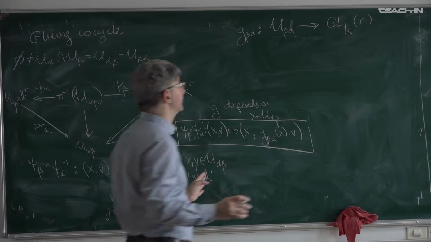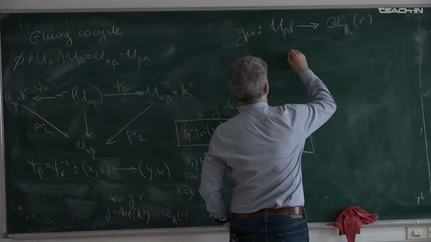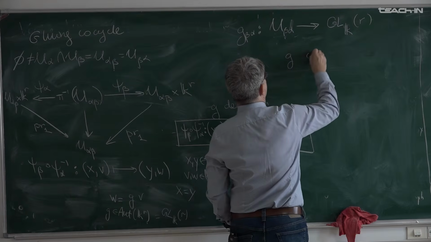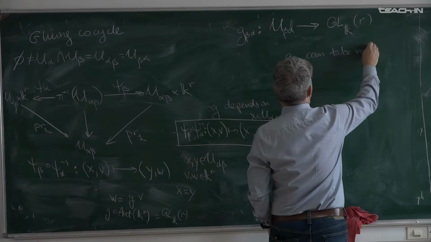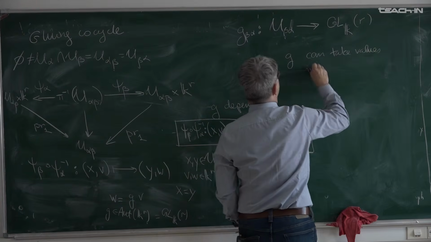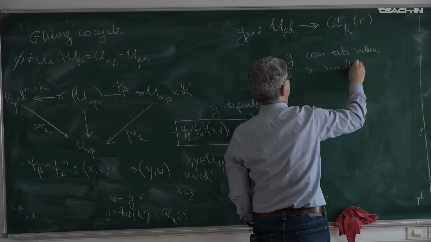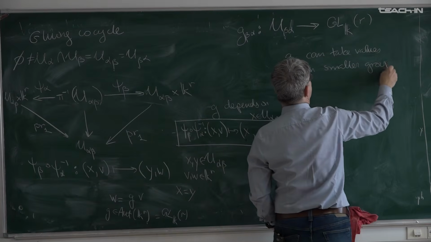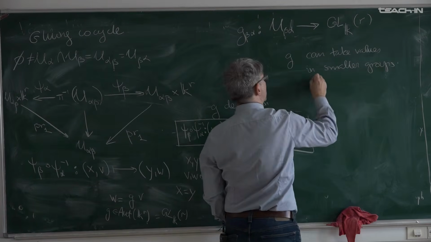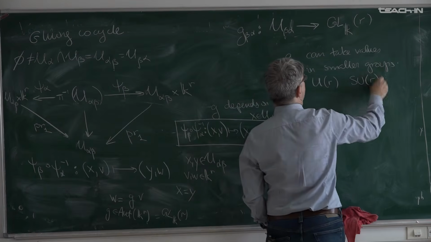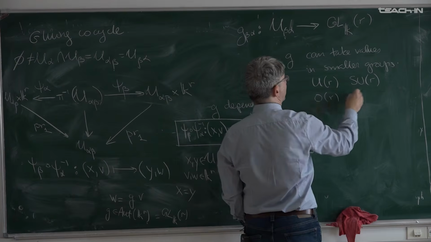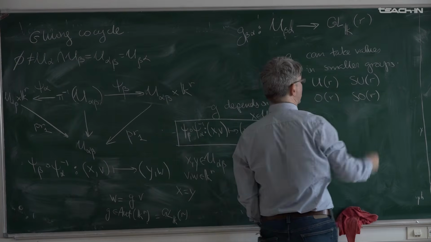Very important ones. So G can take values in smaller groups. For example, unitary, special unitary, orthogonal, special orthogonal.